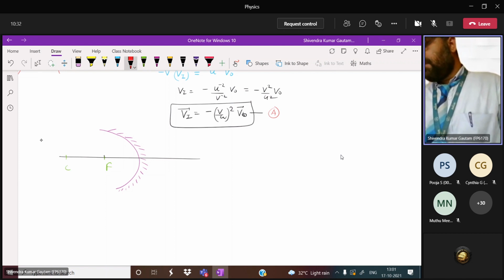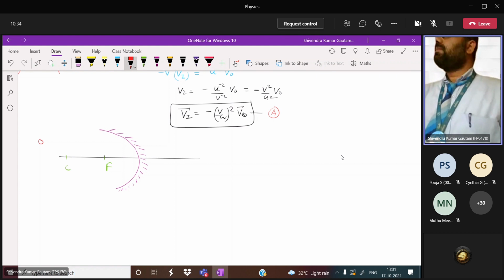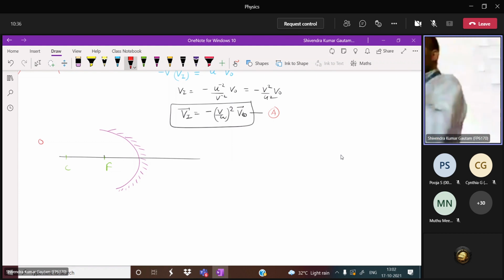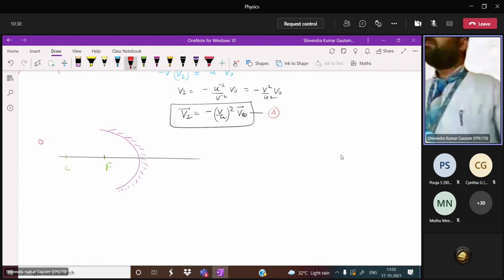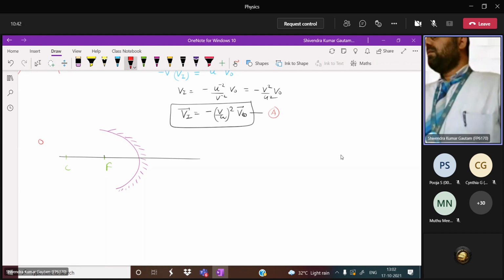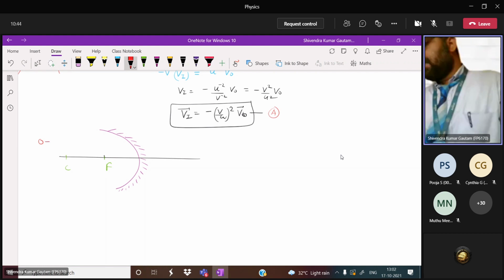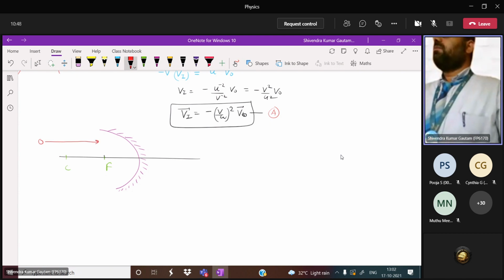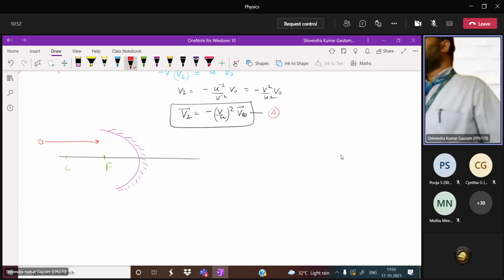Now tell me, if object is moving from minus infinity to focus, how will the image move? Image formation also we discussed, now you should answer. And this expression is also there.